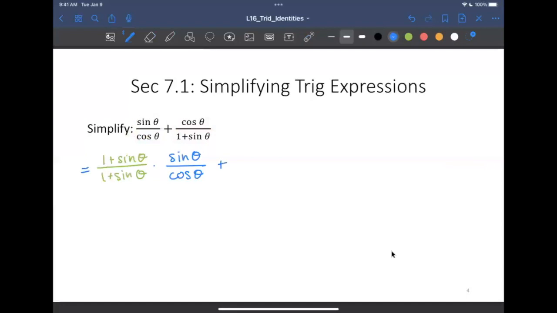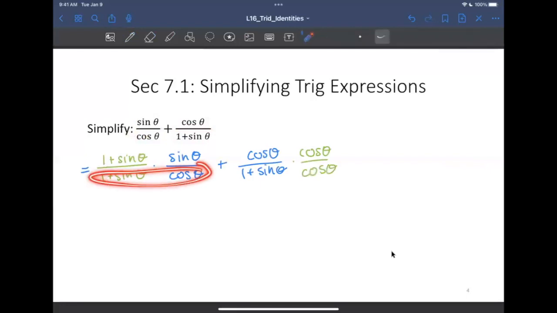Okay, and then this is added to cosine of theta over 1 plus sine theta. I'm going to multiply this by a special 1 of cosine theta over cosine theta. And notice that now when I do this, I multiply these two together and these two together, and that's going to give me a like denominator of cosine theta times 1 plus sine theta.